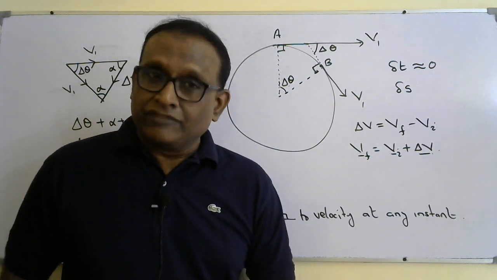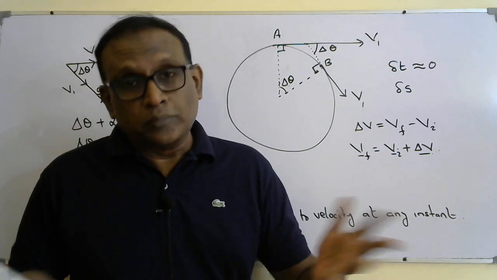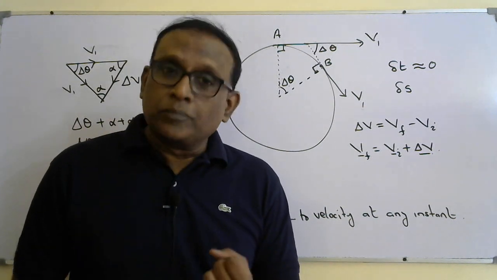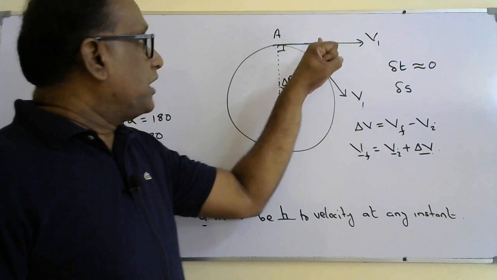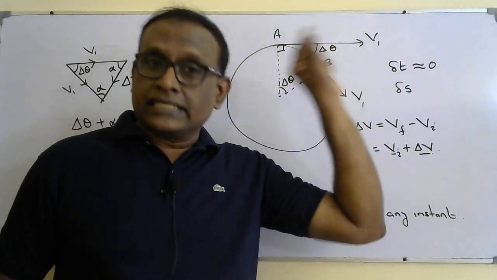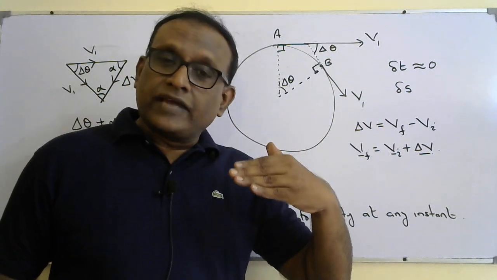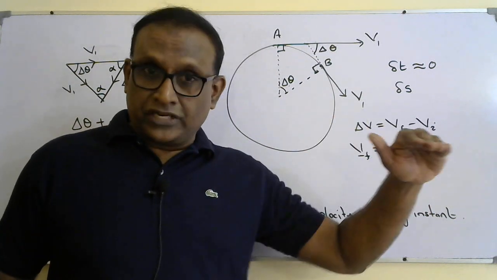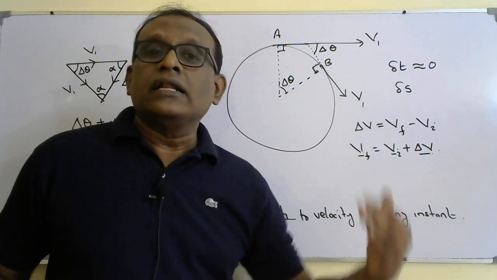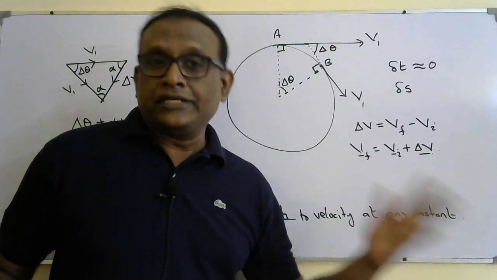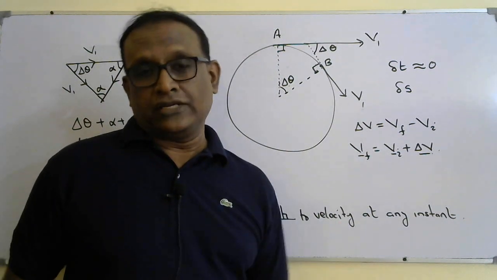Again, if there are two components of acceleration, the component perpendicular to the velocity will keep the object in circular orbit, and the component parallel to the direction of velocity along the tangent will change the magnitude of the velocity, or change the speed.